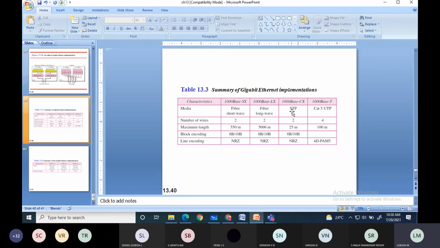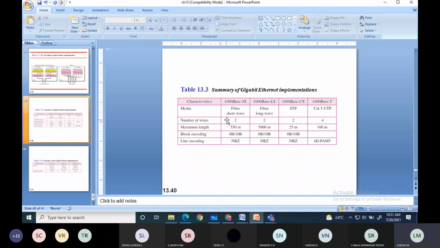The naked wires you cannot touch, so that's why it should be a shielded twisted pair. But when you take another category like Cat 5, unshielded twisted pair cables can be used. If you touch these cables, it will not affect human beings much, but copper wires can affect human beings.